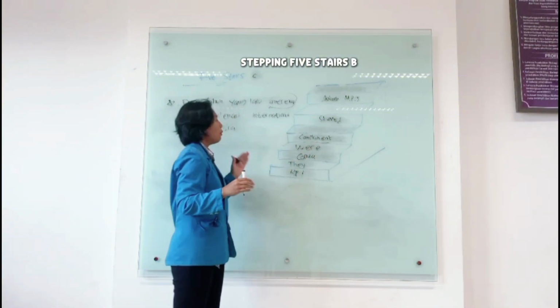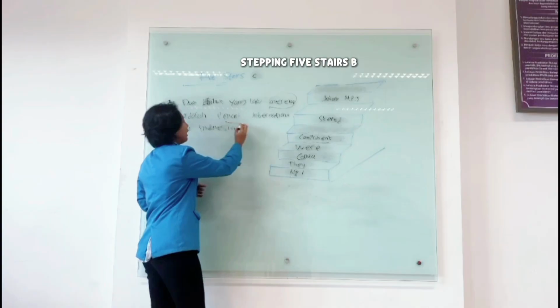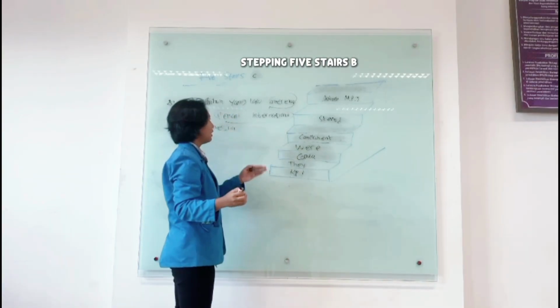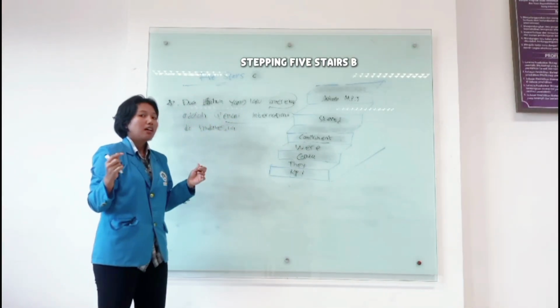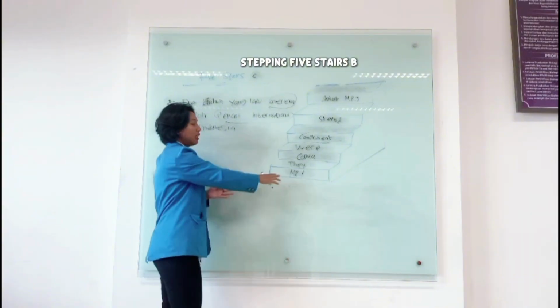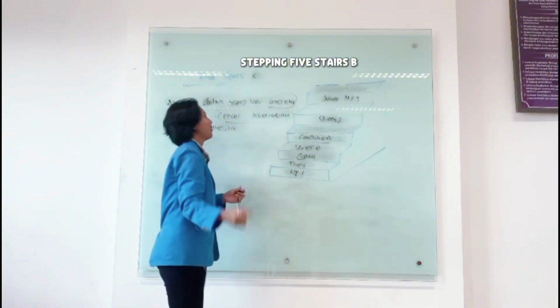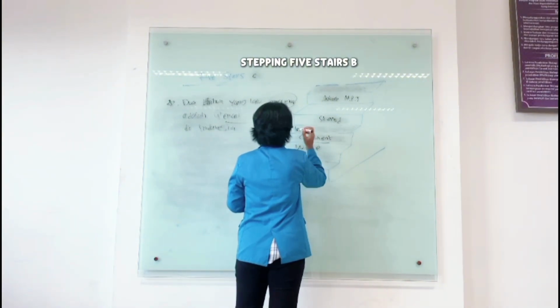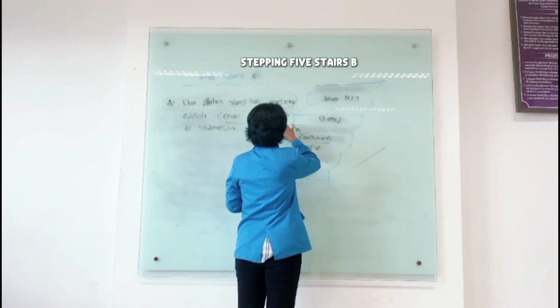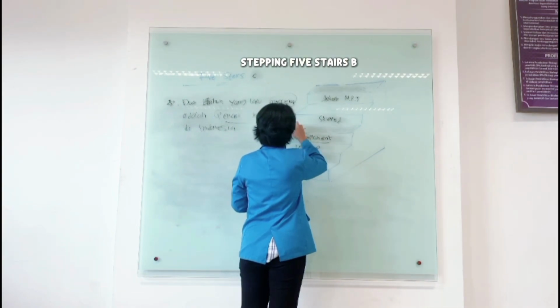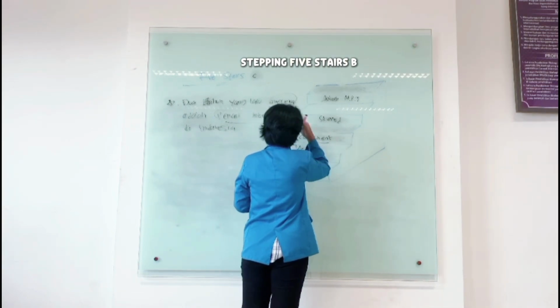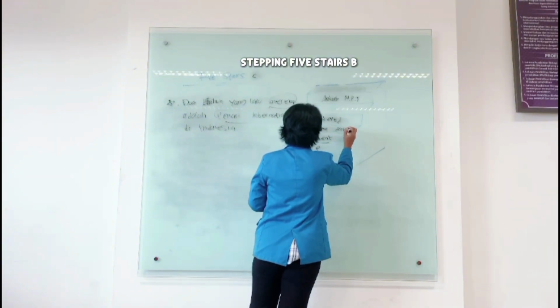And the complement is penari internasional, because it is the information about mereka. So we choose the words in the complement: international dancer.